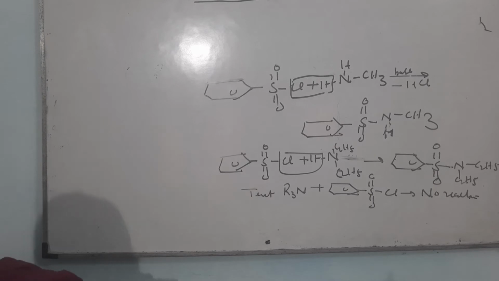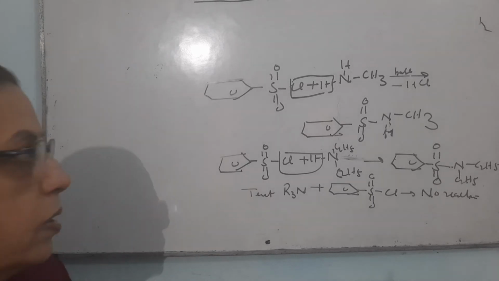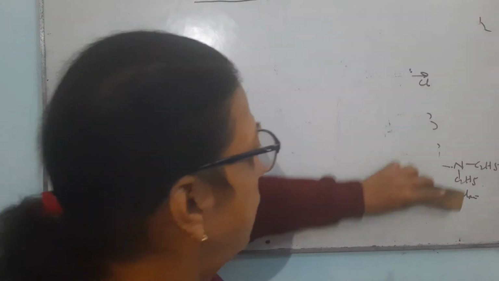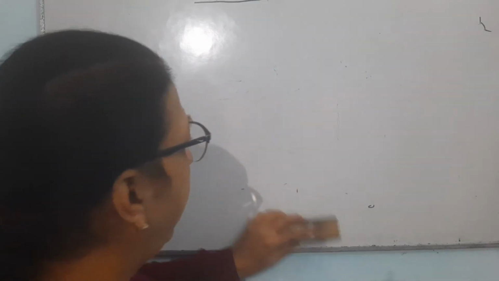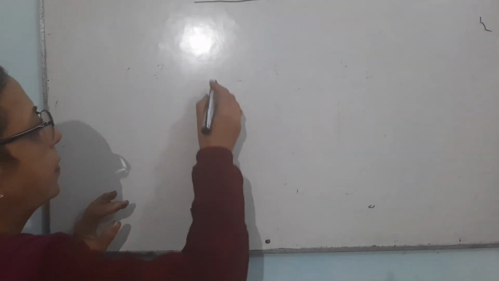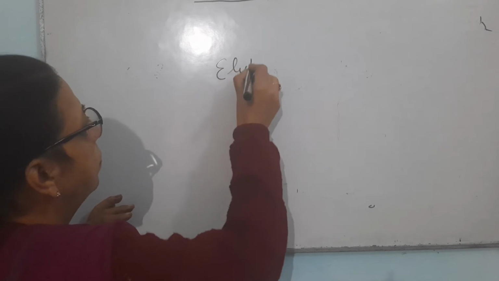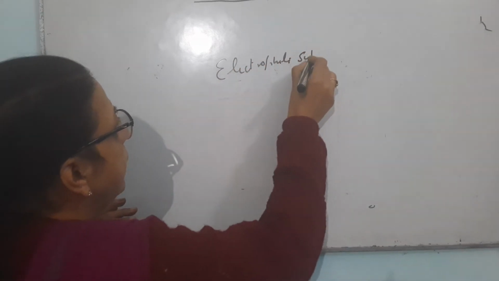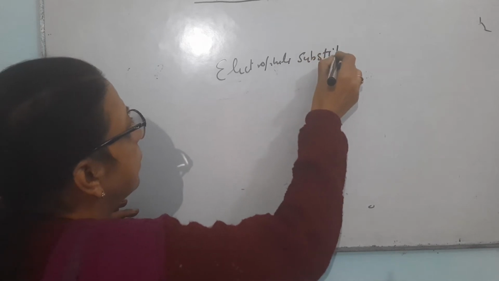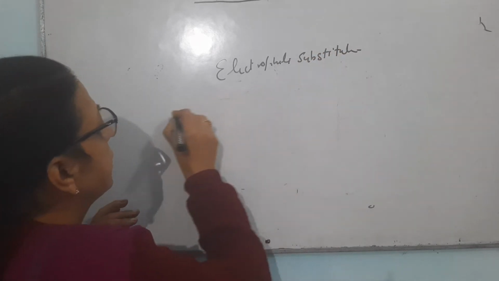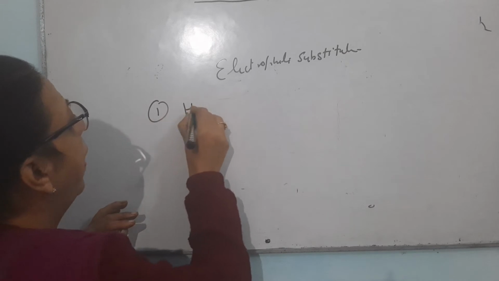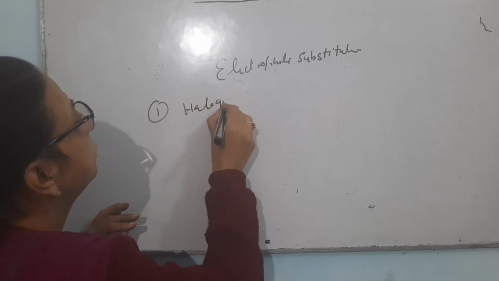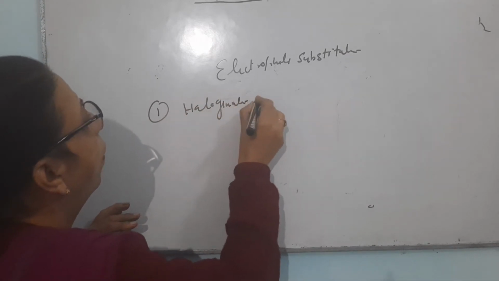Now, the first electrophilic substitution reaction is halogenation or bromination.